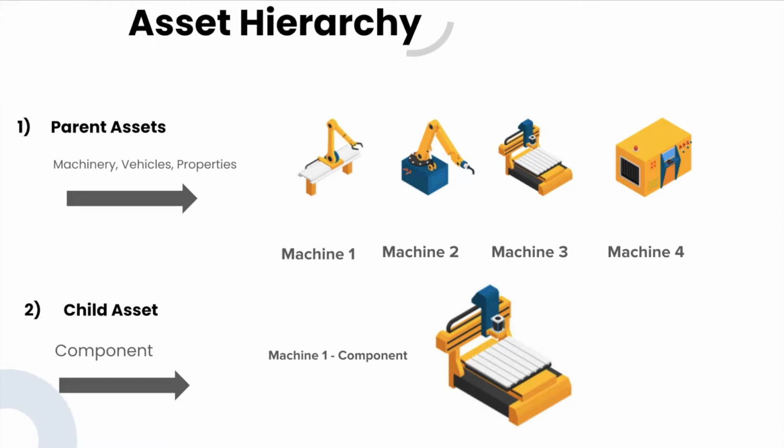Your asset may qualify as a child asset if your parent asset does not function without it. For example, if the parent asset is a fish tank, the child asset can be the water pump of that fish tank. So that's just a general example to help you identify the parent and child asset.